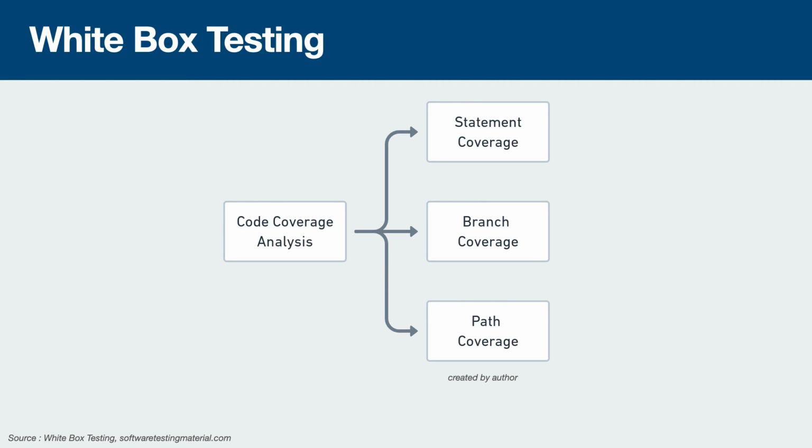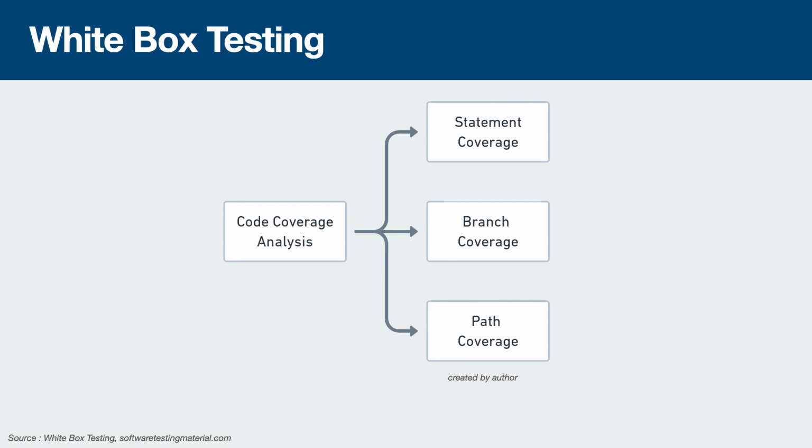Code coverage analysis helps in eliminating the gaps in a test case suite. It identifies the areas of a program that are not exercised by a set of test cases, and once the gaps are identified, test cases are created to verify untested parts of the code, thereby increasing the quality of the software product.